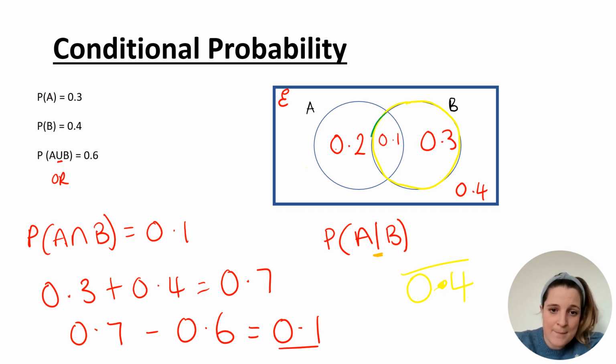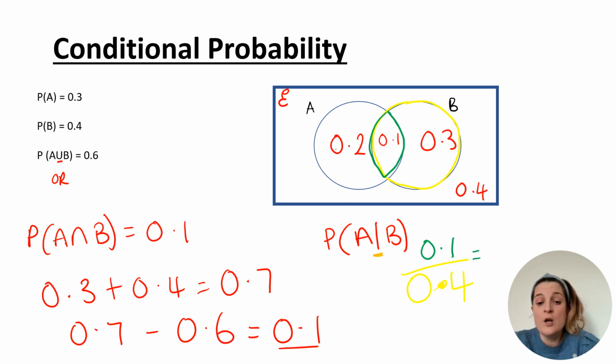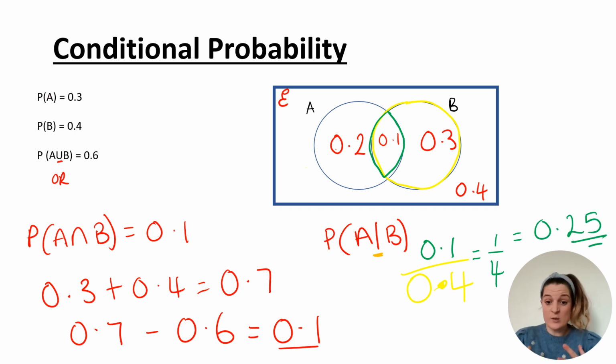Well, the only bit that counts is 0.1, isn't it? That's the only bit that's inside B and is also to do with A. So the probability of A, given that B's already happened, is going to be 0.1 divided by 0.4, which we can simplify to a quarter, and if we wanted to put it in decimals, would obviously be 0.25. And that is all we do.